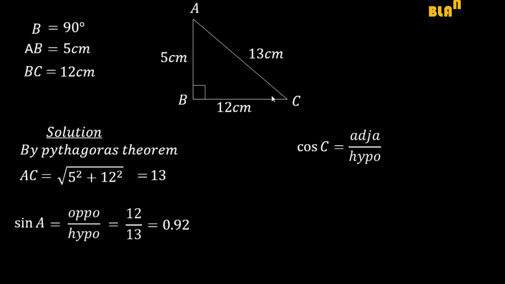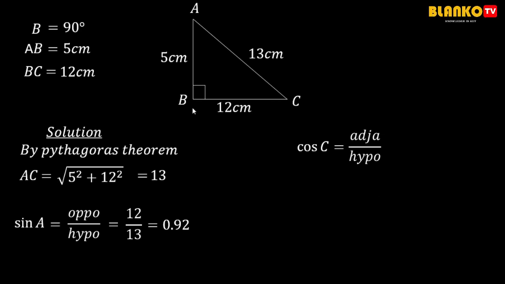So for cos C, the angle will be at point C. If the angle is on point C, AB is the opposite, AC is the hypotenuse, and BC is the adjacent. So cos C is the adjacent, BC, over the hypotenuse, AC. I hope you are following it.